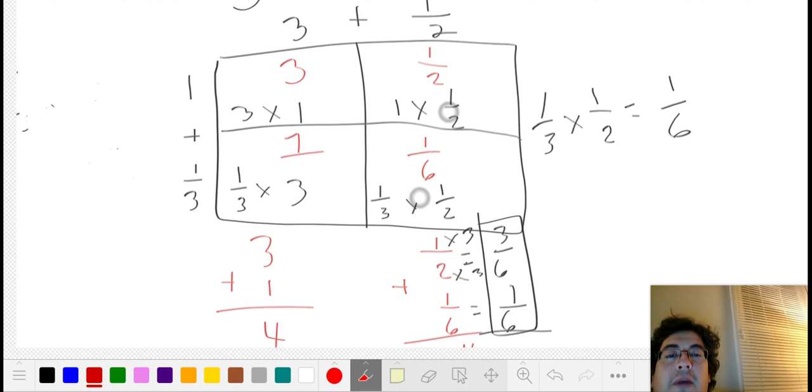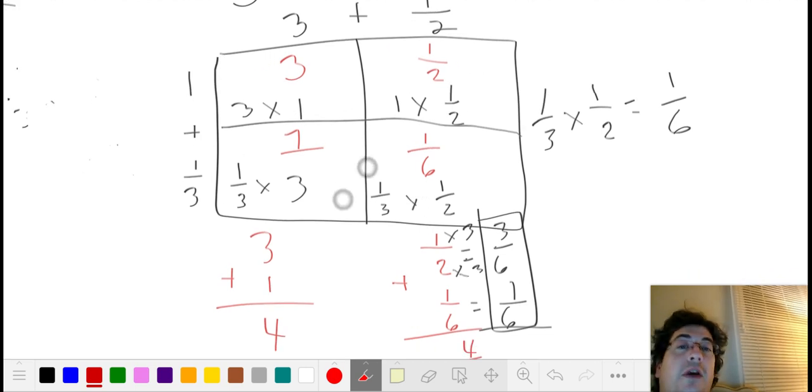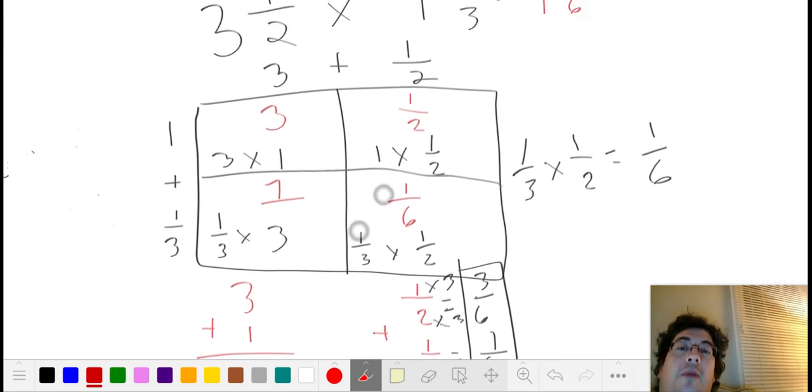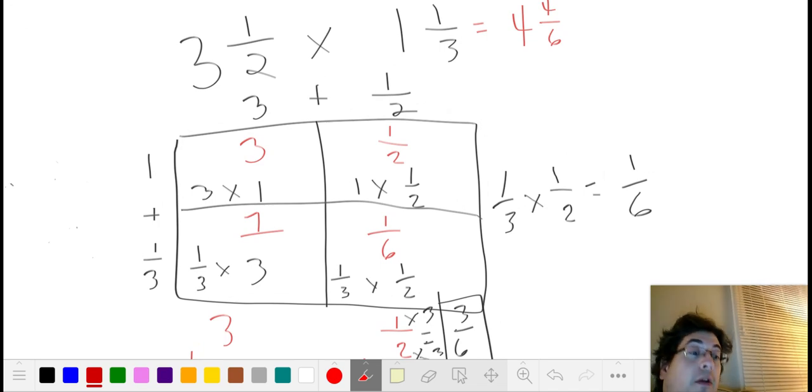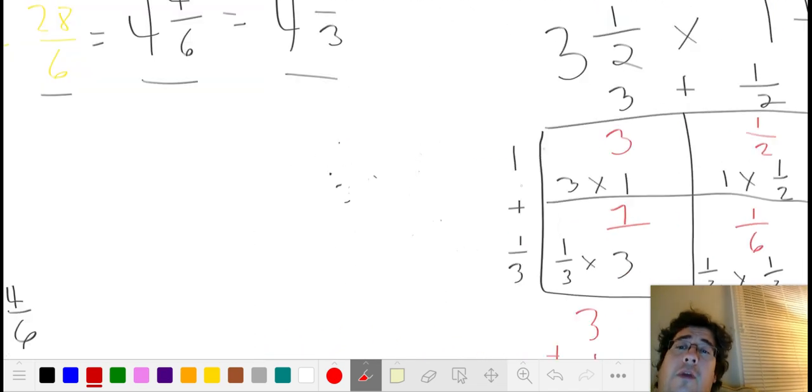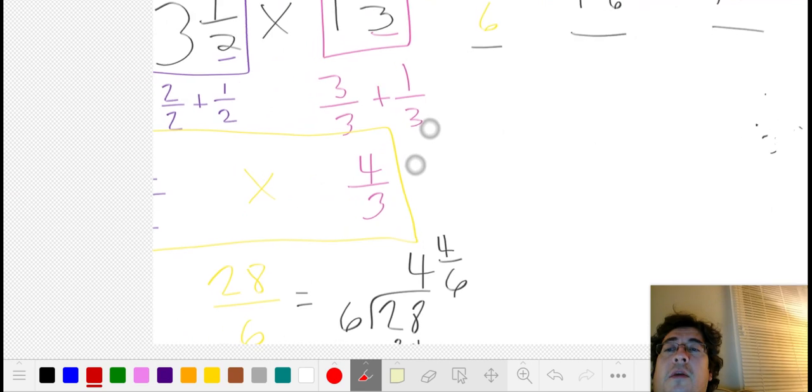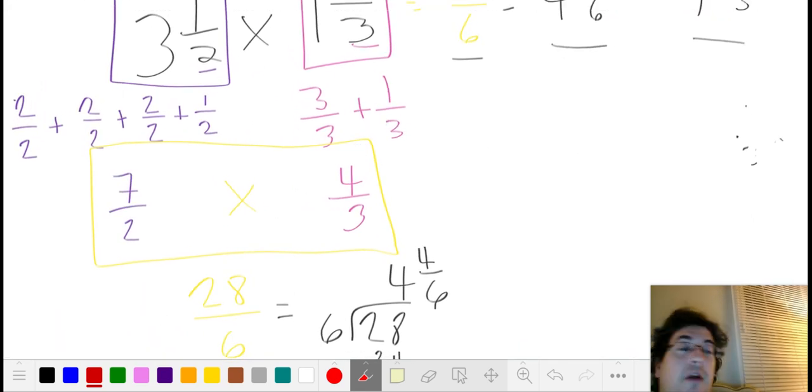It's really just a matter of preference. Some of you guys might find multiplying using an array to be easier. Some of you guys might find multiplying two mixed numbers using improper fractions to be more suited to your taste. So it's really up to you how you decide to solve a mixed number times a mixed number problem.